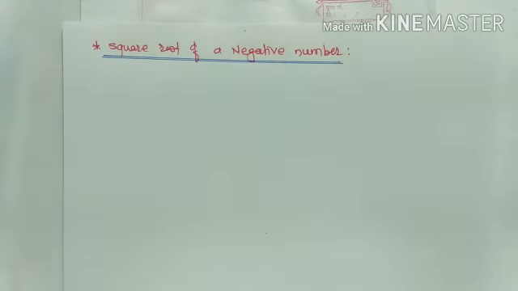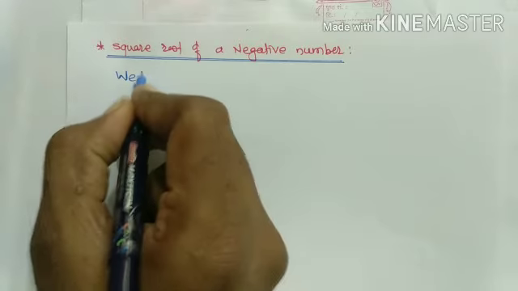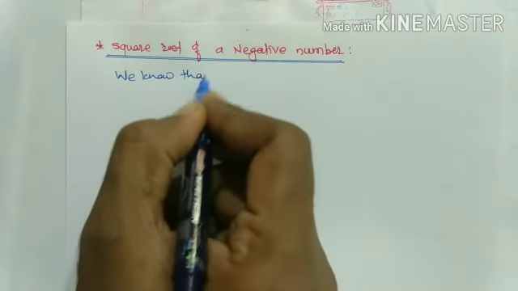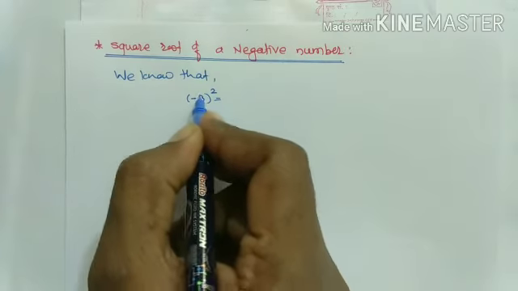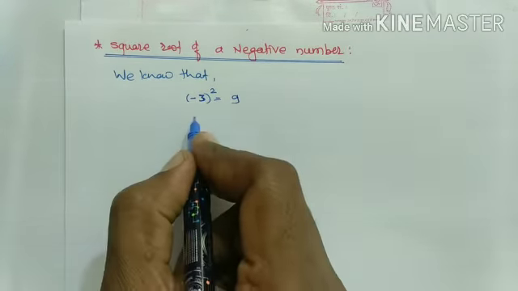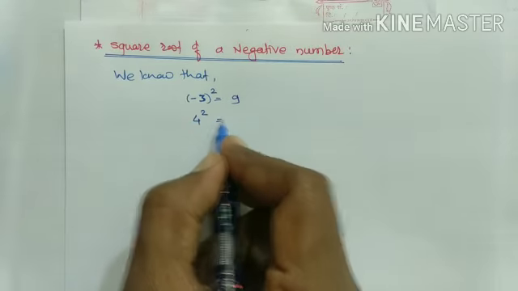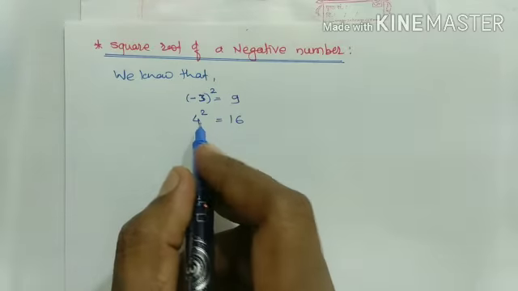Now the next point is the square root of a negative number. We know that the square of -3 equals 9, the square of 4 equals 16.